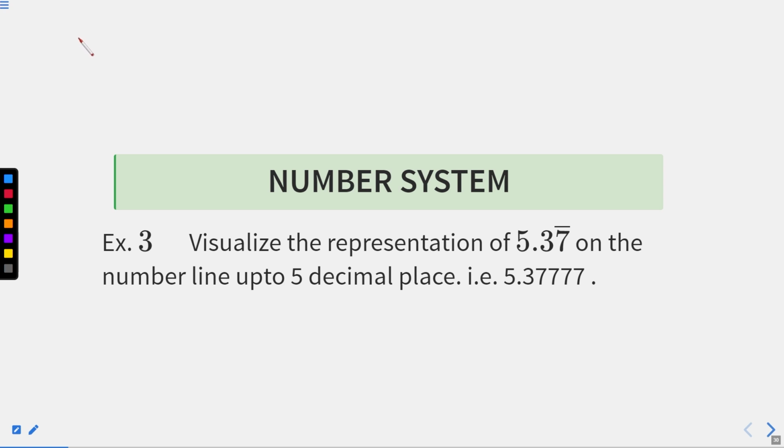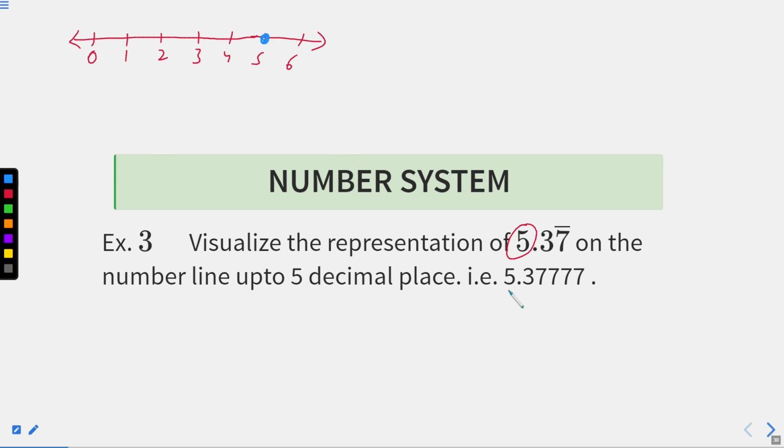First of all, draw a number line. The starting point is 0. First we have to get to the 5th point. So we know after 0, 1, we get 2, we get 3, we get 4, we get 5, then we get 6. Now we are here.